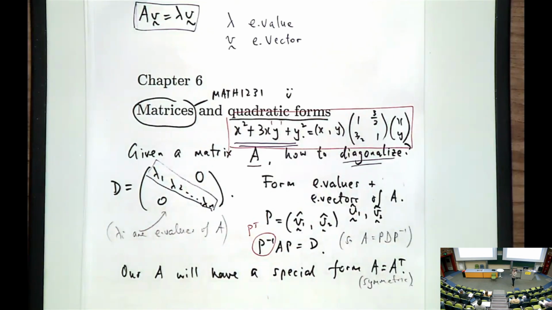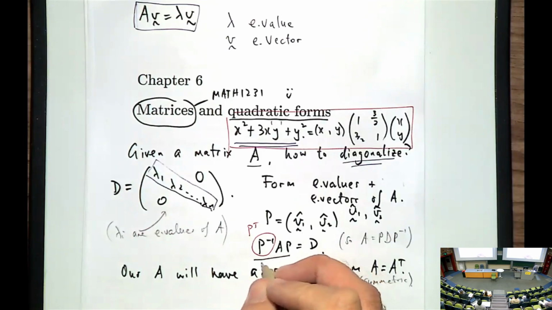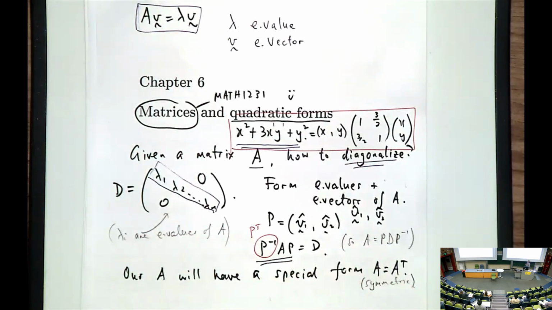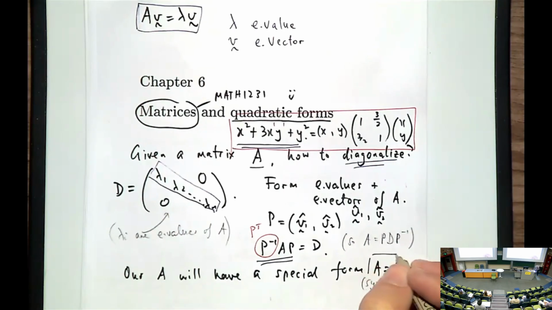Yeah? And you can do that through multiplication. And essentially what you do is you consider P inverse AP, where P is a matrix that involves the eigenvectors as columns, okay?